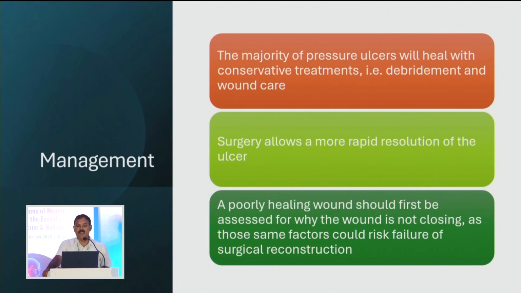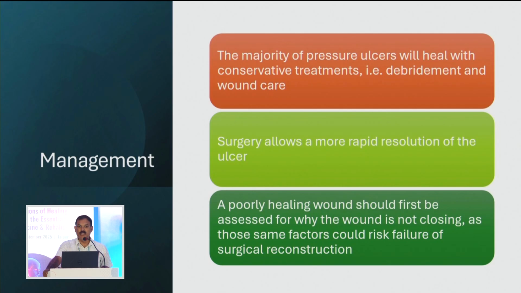Management, as far as concerned, yes, the gold standard: most pressure ulcers heal with conservative treatment, and conservative treatment is the first modality of management unless you are dealing with a stage 4 pressure ulcer. For that conservative management, good skill for debridement, proper debridement, and proper wound care is very important. Yes, surgery is important, but surgery allows only rapid resolution of the ulcer.